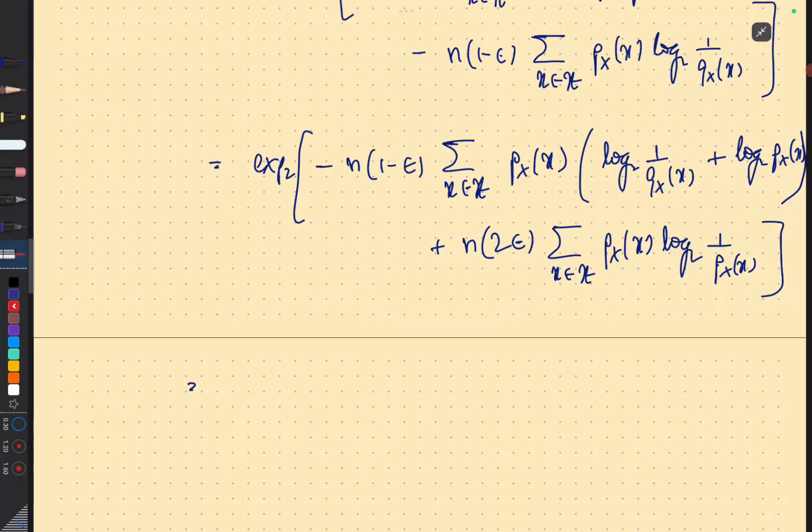But then what is this particular quantity? It's just the KL divergence between p_X and q_X.